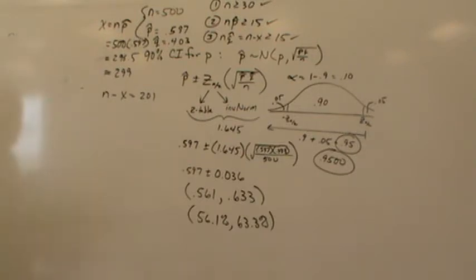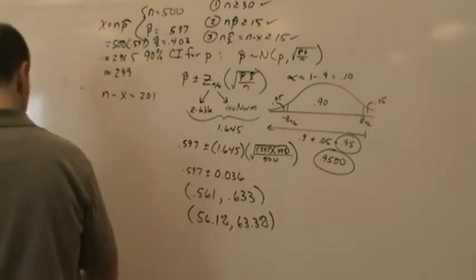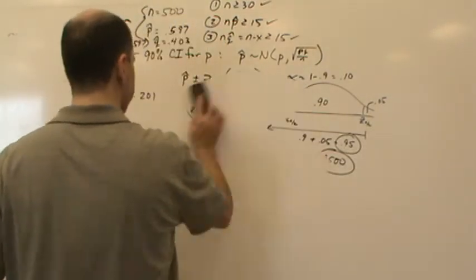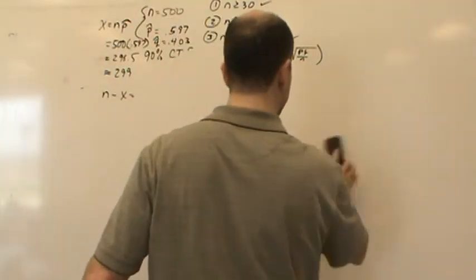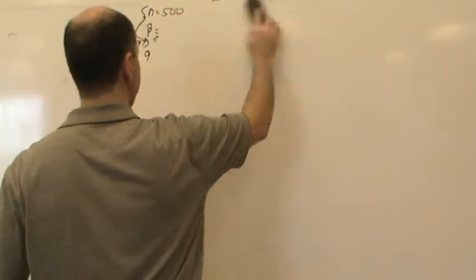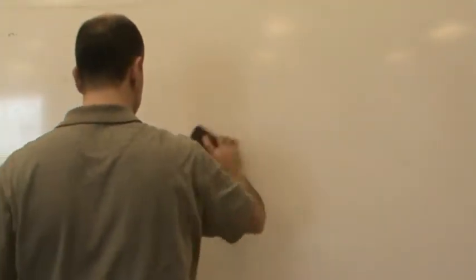So one note I think that is important for proportions has to do with the accuracy of a proportion, because there is a certain amount of error that is introduced when constructing confidence intervals for a proportion, okay?